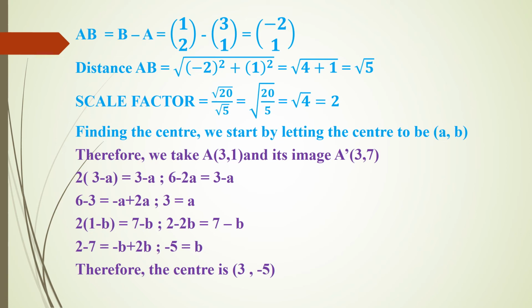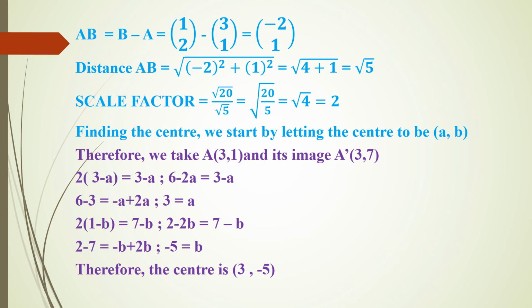You take the coordinates of A, that is (3, 1), and the coordinates of A prime, that's (3, 7). We will start by finding the change in x. From the object, that's 3, we will say 3 minus a. Remember, a is the x coordinate of the center.